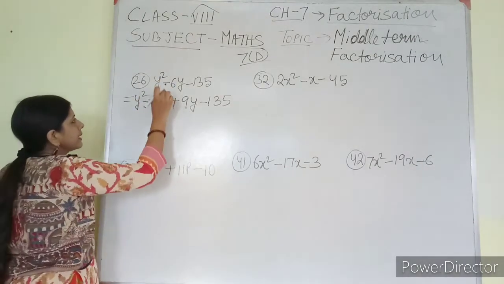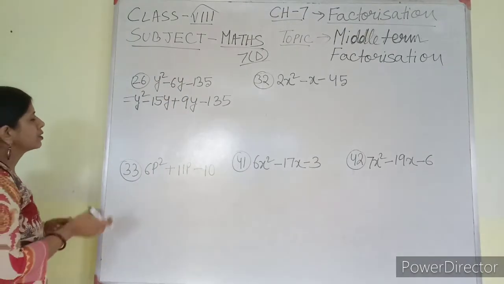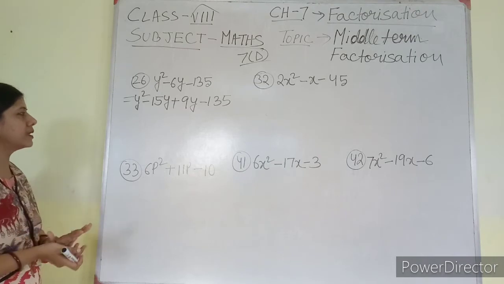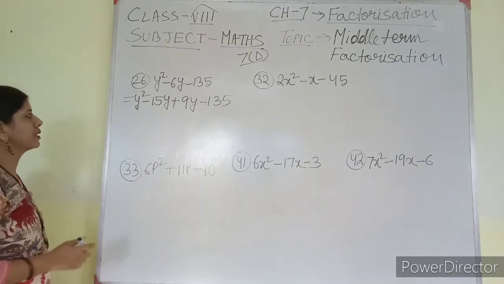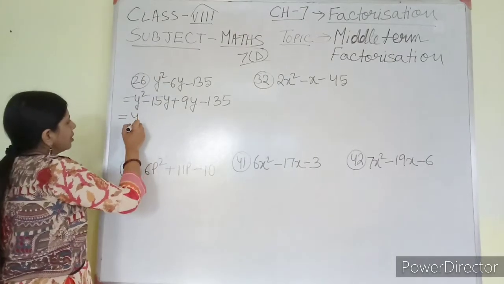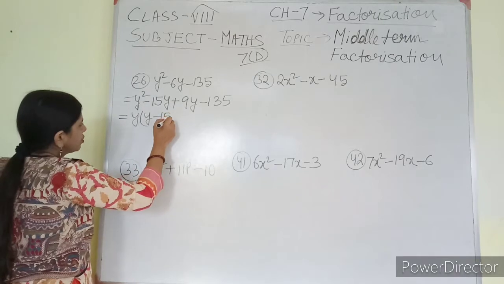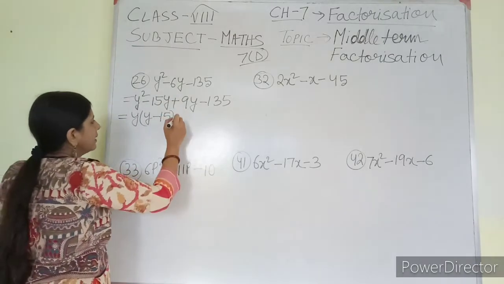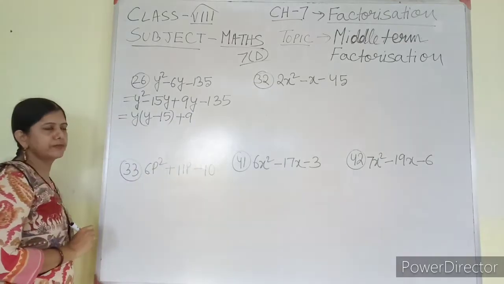So I have to get it as minus 6. Anyway, I have to get it as minus. So this you have to remember about the sign. If you do something wrong, then the whole sum will become wrong. Now, what I am going to take as common? y as common, so y minus 15. Here I will take plus 9 as common.